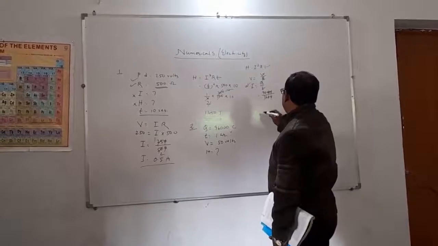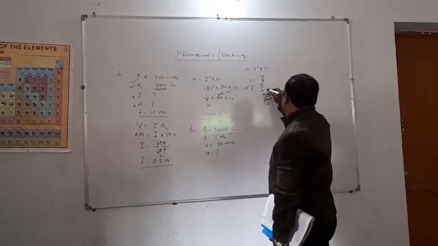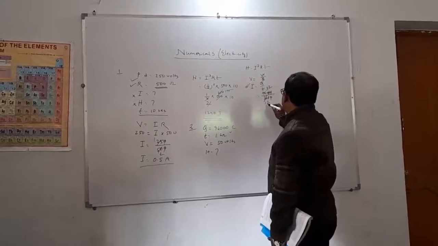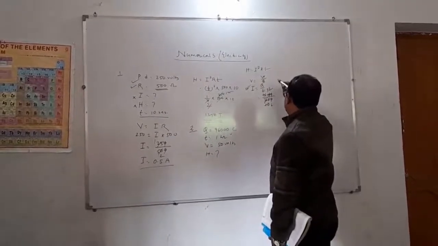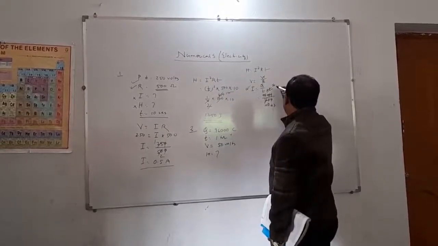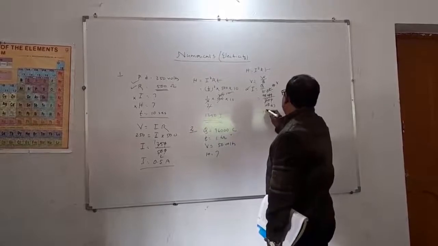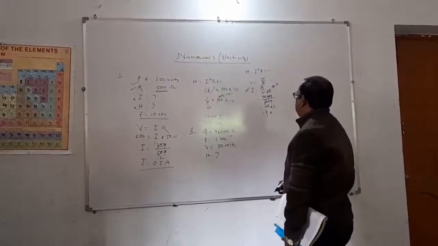20 cancelled out. 3 into 12, 3 to the 9, 3 to the 6. Again 2 6, 2 16, 2 3 to 8. That is 8 by 3 ampere. This is the current.